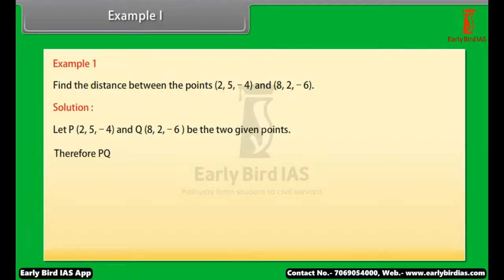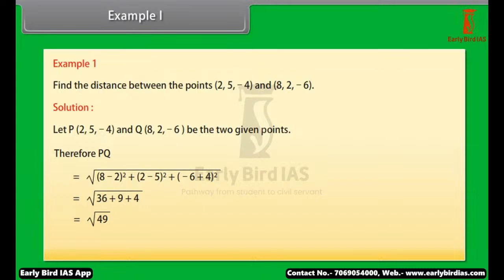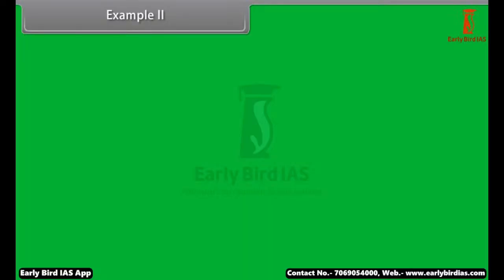Therefore, PQ is equal to square root of (8 minus 2) square plus (2 minus 5) square plus (-6 plus 4) square, which is equal to square root of 36 plus 9 plus 4, which is square root of 49, which is equal to 7.